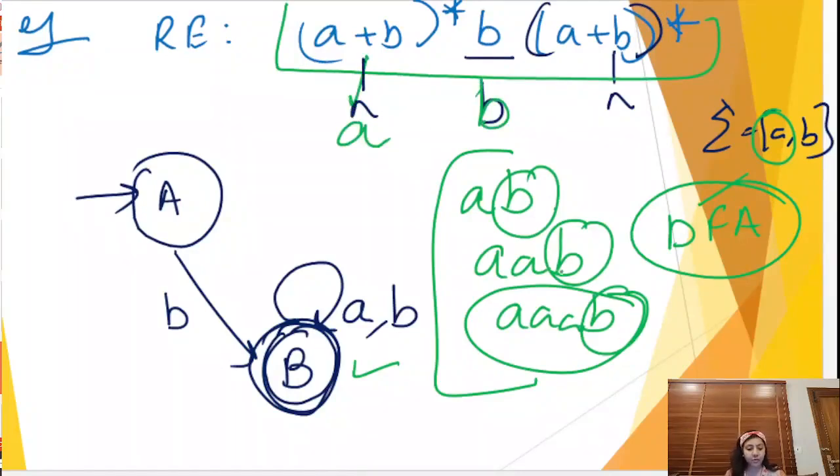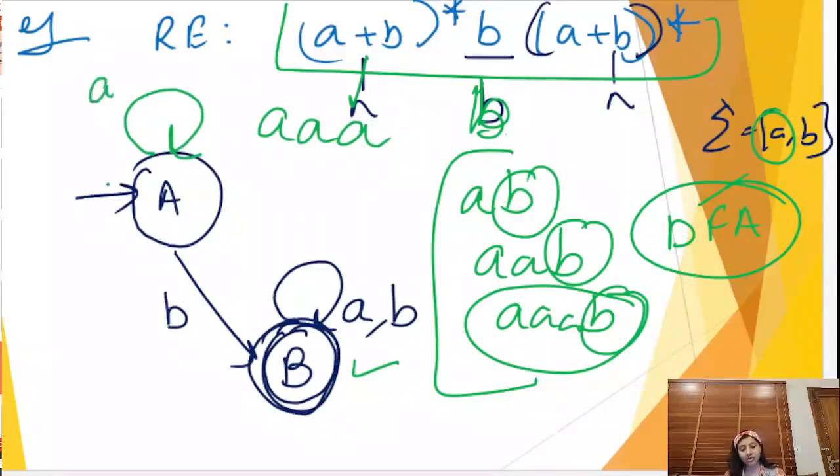To form double A, B, I can take double A from here, single B, then lambda. Triple A from here, single B, lambda. So all these three strings are part of the language. So this tells us that no matter how many A's you receive, you remain in A only. The moment you encounter a B, you go to the final state B. And then however many A's or B's you receive, you remain in B only.